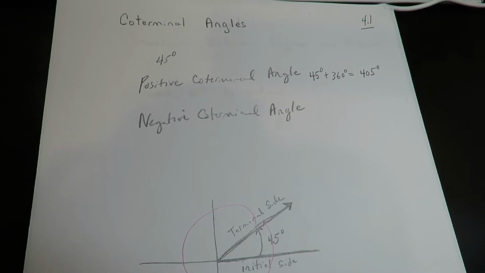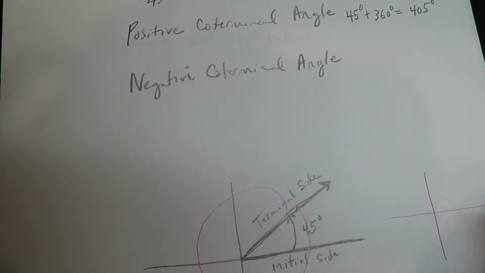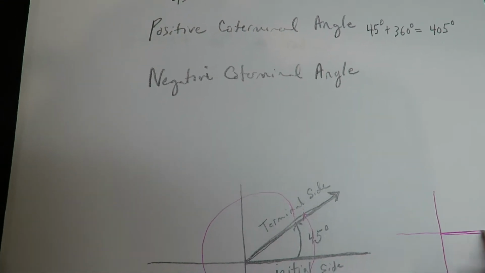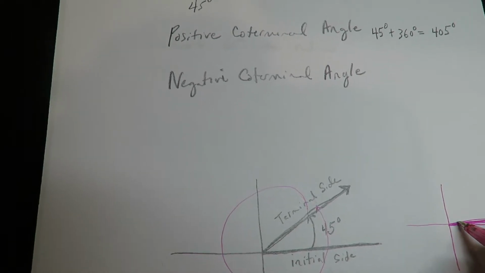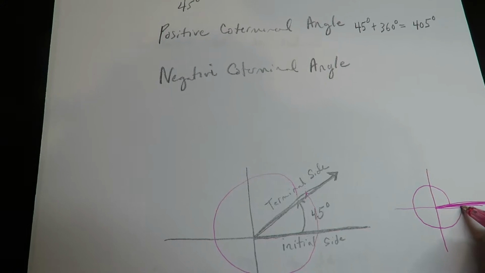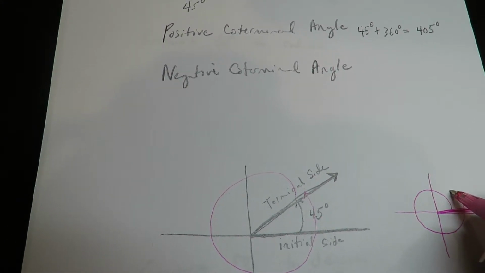So let me just draw this for you so you can see it. So I did the positive coterminal angle, 405 degrees. That would mean that I start here, I travel 360 degrees, and then I go another 45. I'm writing it as a snail shell so you can see it.